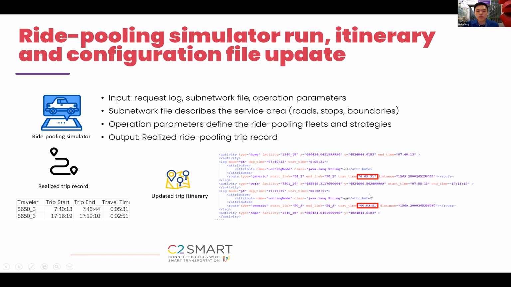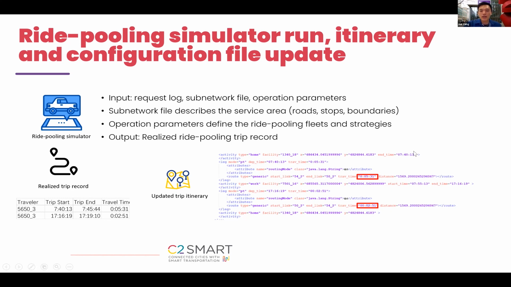Compared to the previous one, the first trip here used to be 9 minutes, but by running through the simulator, the actual realized time is faster. It's 5 minutes. So these trip times will be replaced, and the same for the following trip leg as well. In this case, we reflect the realized travel time into the trip itinerary generated by MATSim.